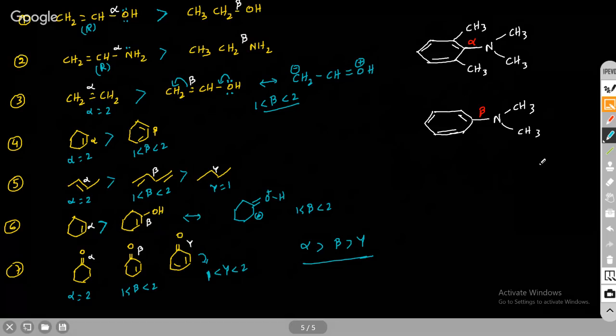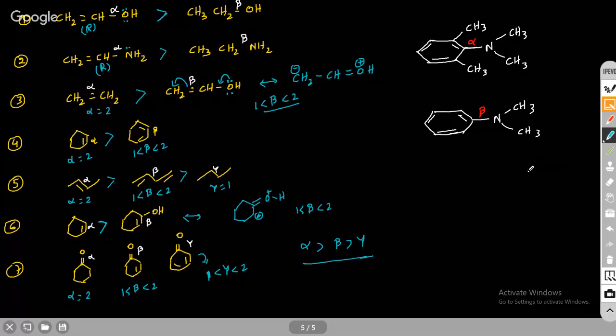CH3 is attached to a place where there will be a negative charge. Not sure, I think because carbon will have negative charge. CH3 resonance, negative charge. No, that's not the reason.